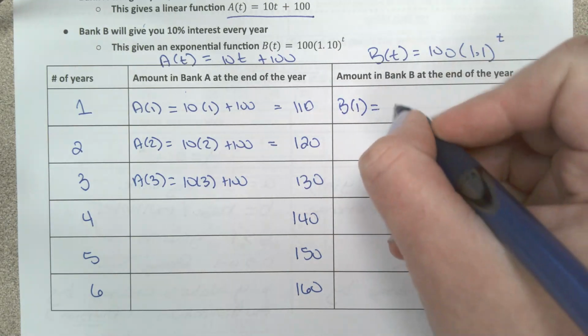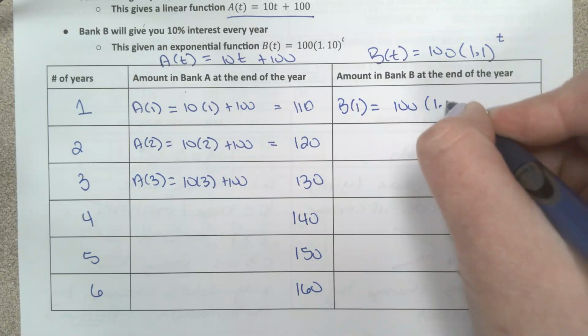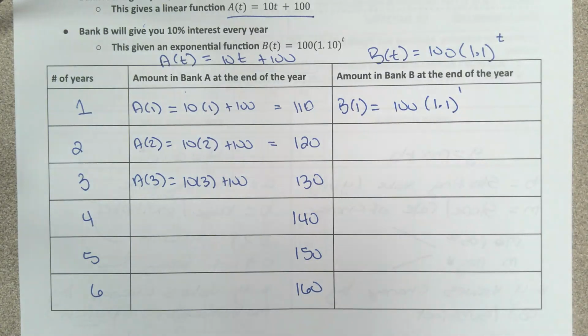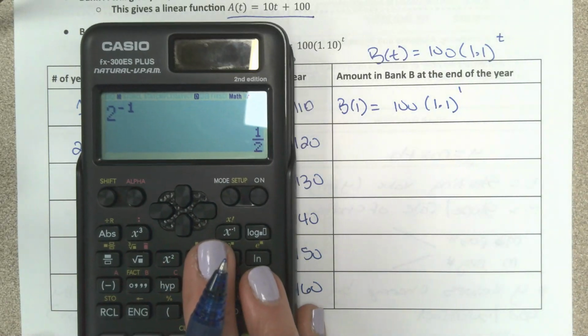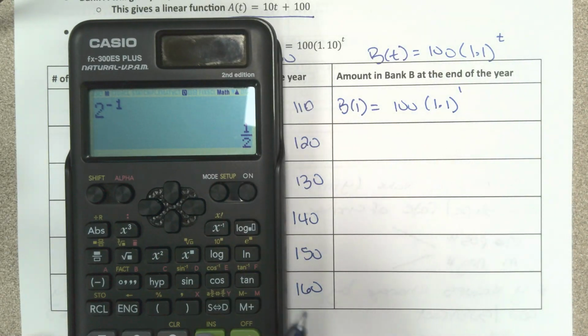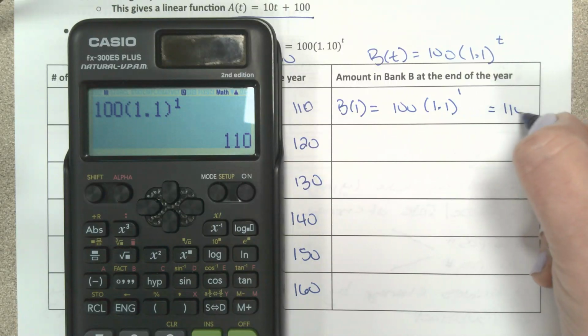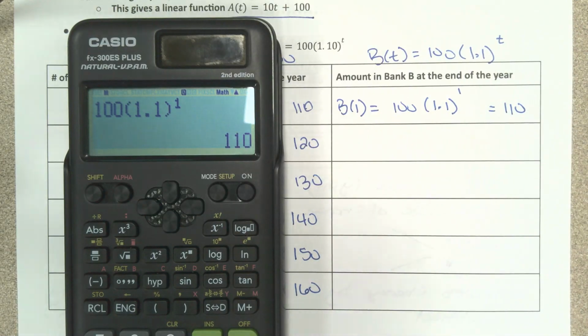So at year 1, I have 100 times 1.1 to the 1. In my calculator, clear that out. So I'd go 100 parenthesis 1.1 to the exponent of 1. And I have $110. So that part's the same.